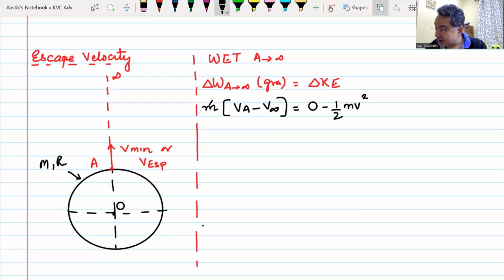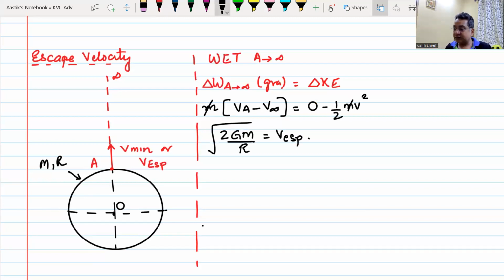Potential at point A is minus GM by R. So v escape becomes the square root of 2GM by R. Do we understand this? So escape velocity becomes root over 2GM by R.